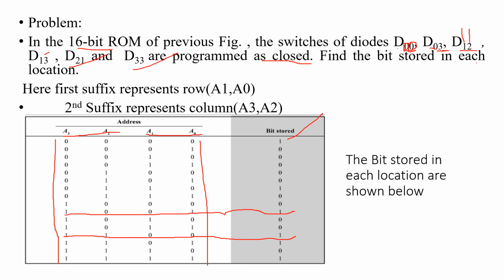For these bits only, logic 1 is stored. D33 means 1, 1, 1, 1. For this bit, the stored value is logic 1. For the remaining diodes, logic 0 is stored. In this way, we can find the bit stored in each location for a given problem.